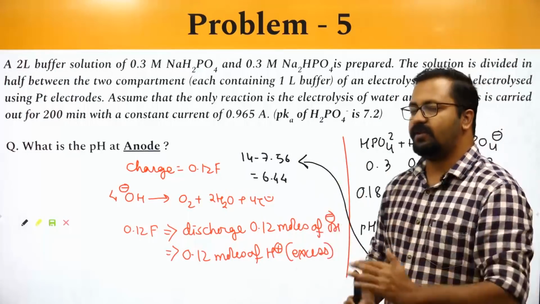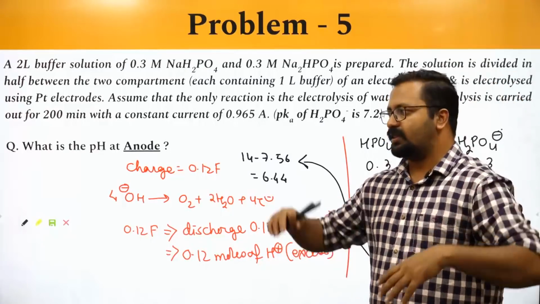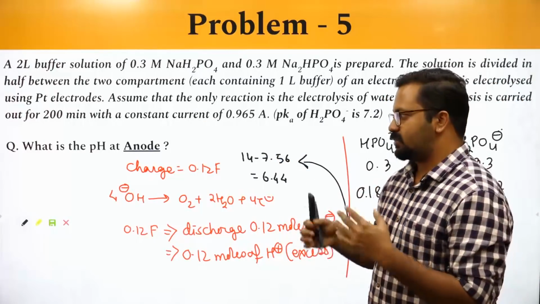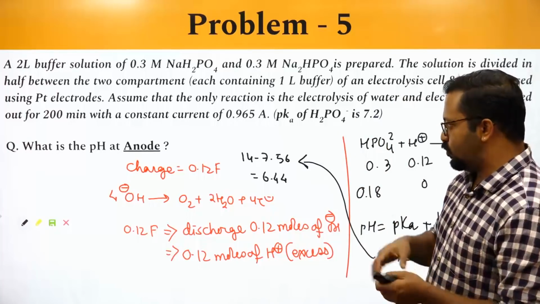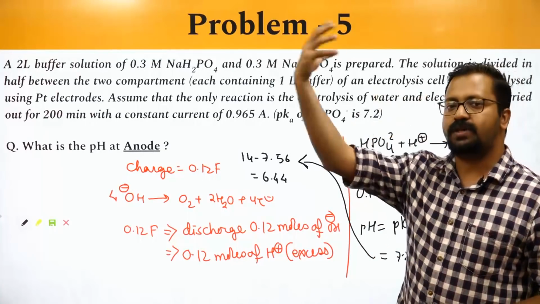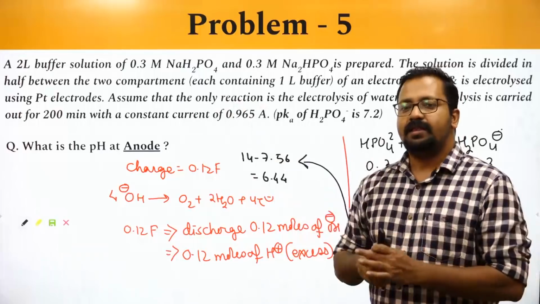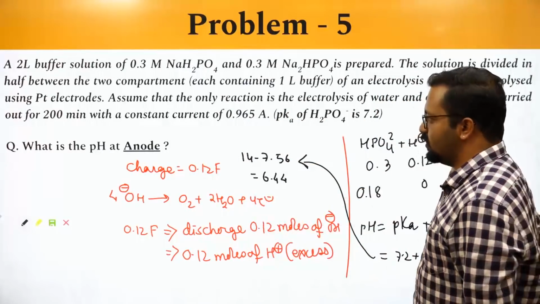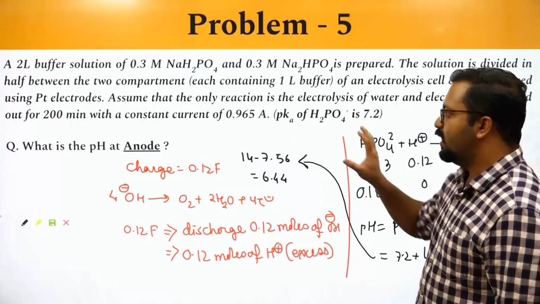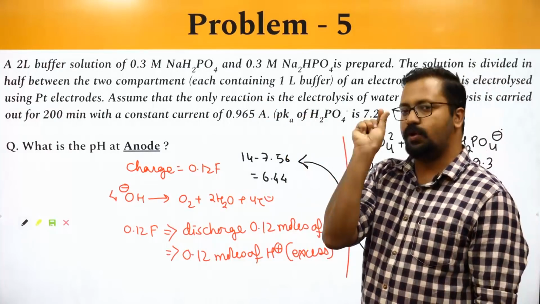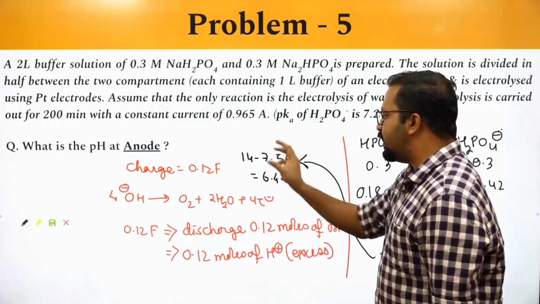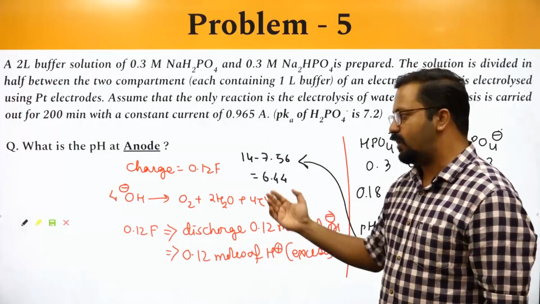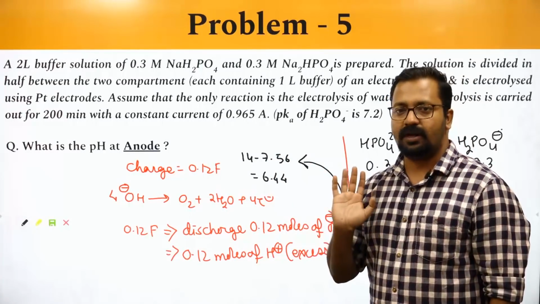If the same extent of reaction is taking place in the cathode and the anode, the pH overall of the solution, the extent to which it will increase in one, that is the same extent to which it will decrease in the other. So rather than doing this elaborate calculation, if I know that it is increasing by certain value X, I should reduce it by the same value in the other part of the electrolytic cell.